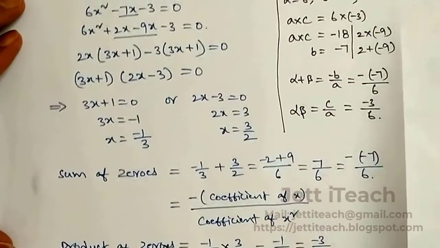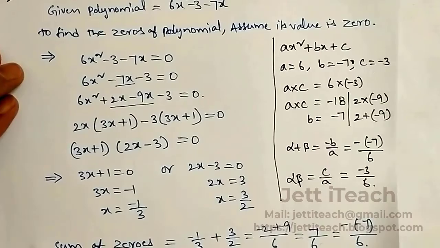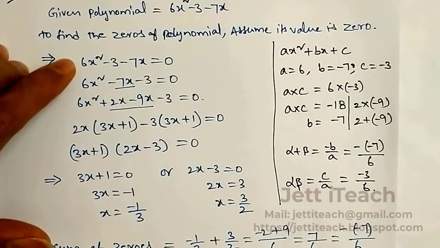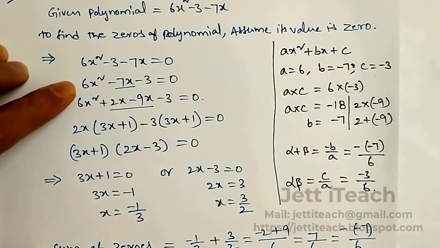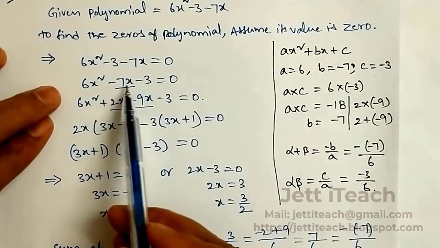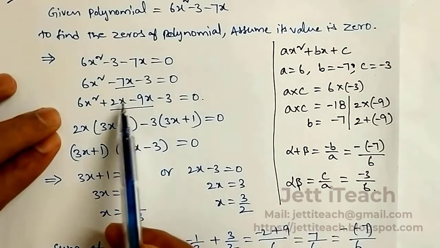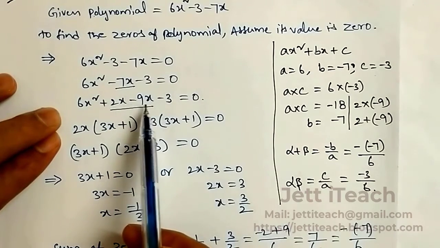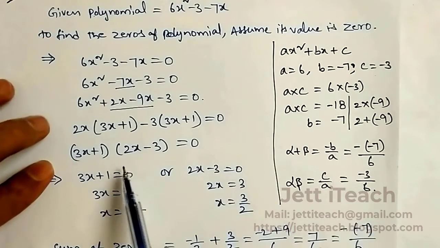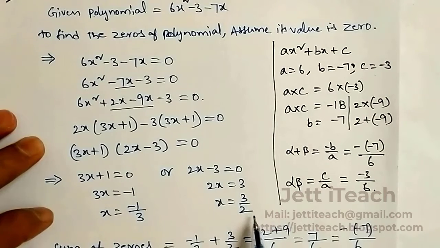Okay, I will explain once. To find the zeros of this polynomial, I assume this polynomial is 0. After that, I rearranged the order. In the correct order I wrote it. So minus 7x I divided into 2x minus 9x, based on these conditions. I got x equal to minus 1 by 3, another one is 3 by 2.